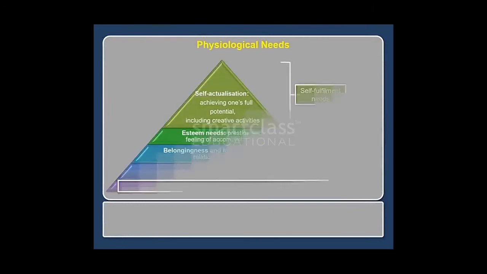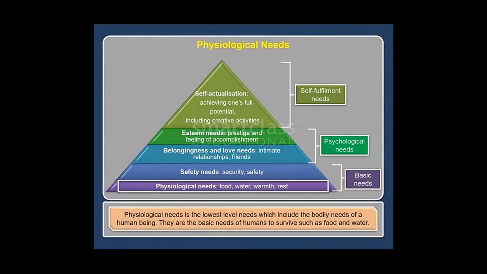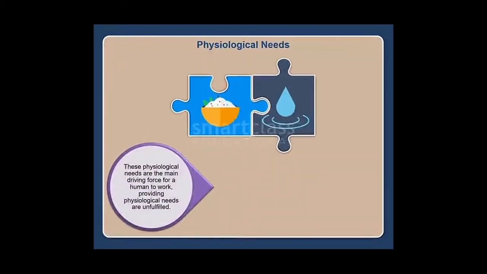Physiological needs. Physiological needs are the lowest level needs, which include the bodily needs of a human being. They are the basic needs of humans to survive, such as food and water. These physiological needs are the main driving force for a human to work, provided physiological needs are unfulfilled.